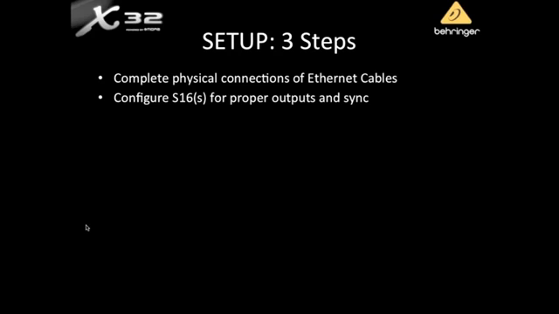You have the XLR outputs and ADAT outputs and Ultranet outputs on the S16s, and different modes determine what's going to get there. So it is important to have those set up correctly. Then we're going to go back to the X32 and get that set up to use the S16 inputs, outputs, and also we'll be able to check our sync on that end as well.